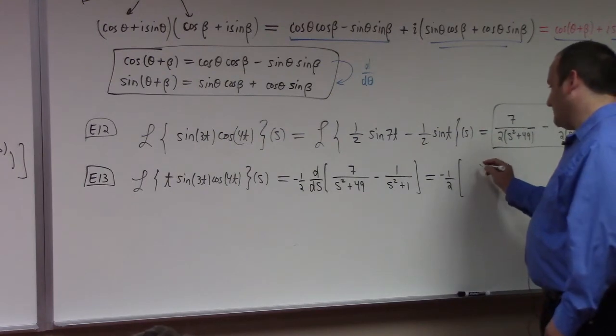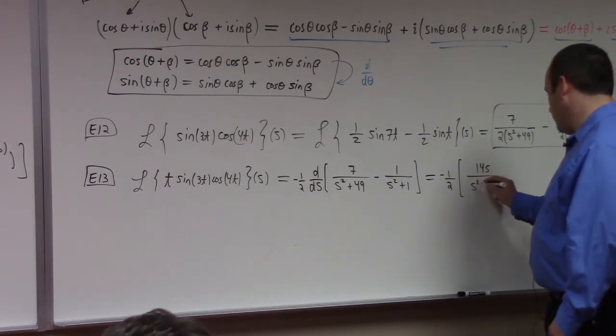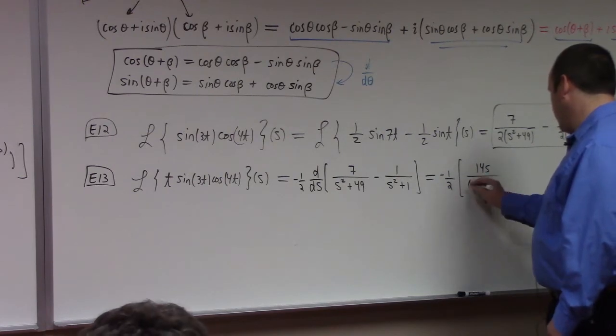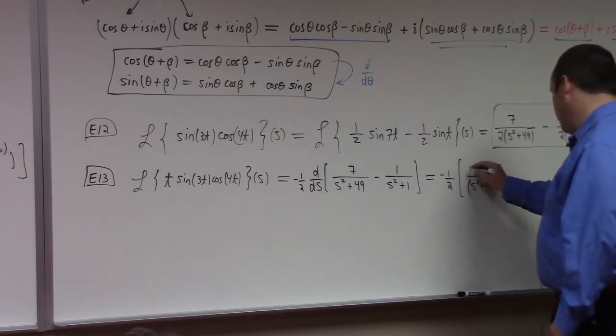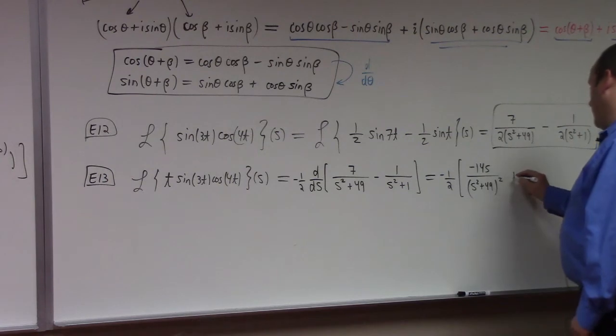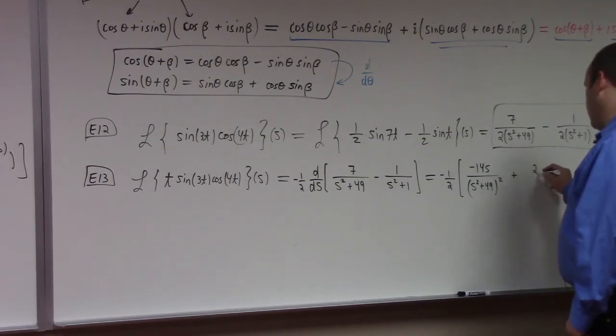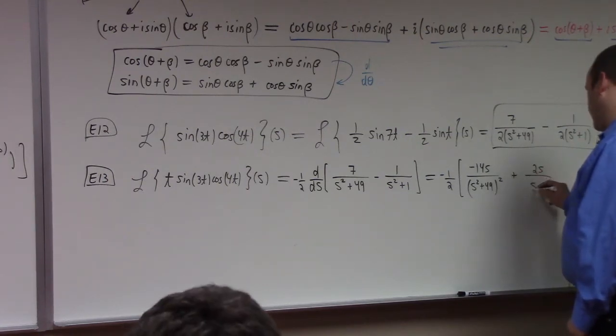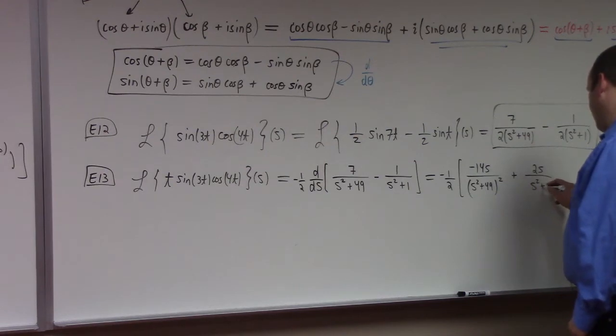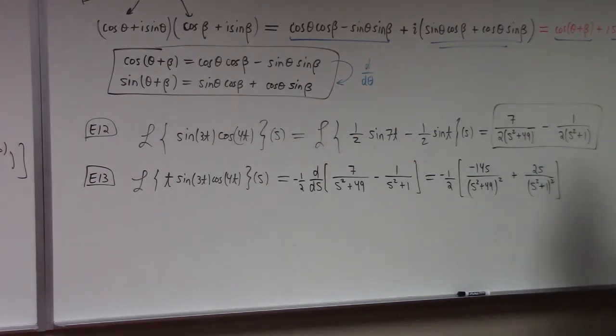So that's 14s over s squared plus 49 squared. There's a minus that I'm missing. And then plus 2s over s squared plus 1 squared. The minuses and the 2's can cancel.